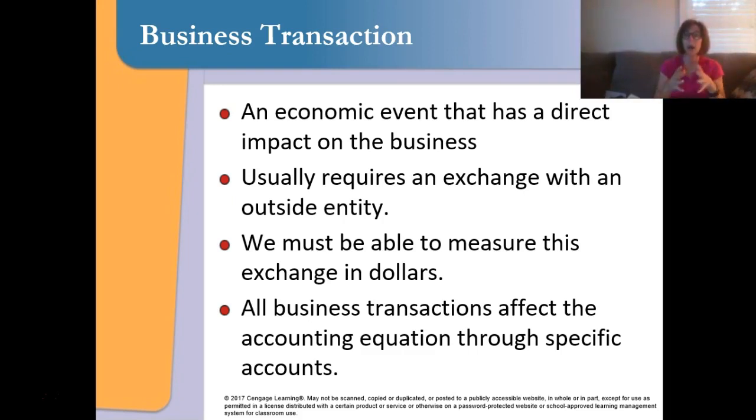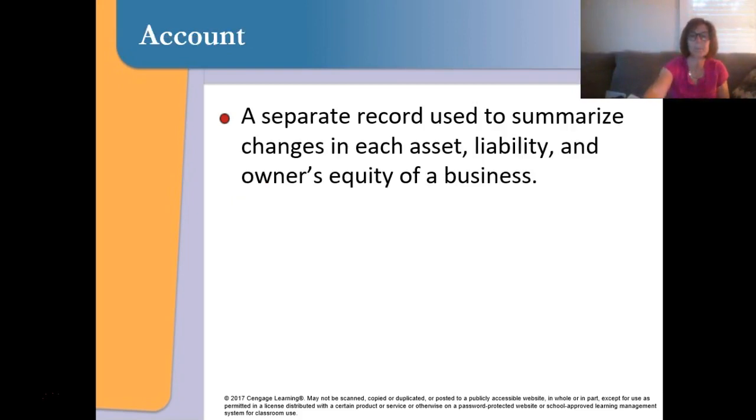But it generally requires an exchange with an outside entity, so not transactions that would occur within the organization, and we've got to measure that exchange in dollars. And we're going to use a separate record to summarize the changes as it impacts the asset, the liability, and the owner's equity. And I know this is Greek, but just hang with me.